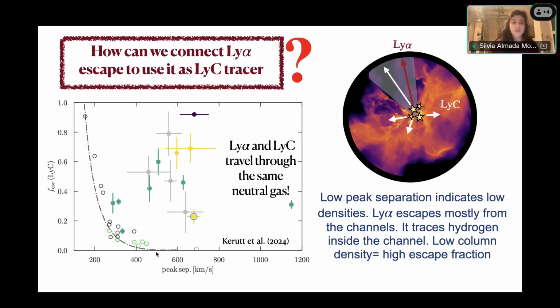Whereas when we see something even farther away, it's much more difficult to see. Also, of course, this is not observed Lyman continuum. This Lyman continuum escape was inferred by other methods. So this can also be one of the reasons for the discrepancy.